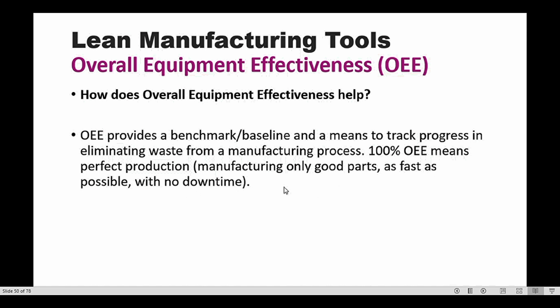So you can say in the shift, if 480 minutes are available and the total capacity is 400 units, if the total production per shift is 400 units, overall equipment effectiveness is 100%.